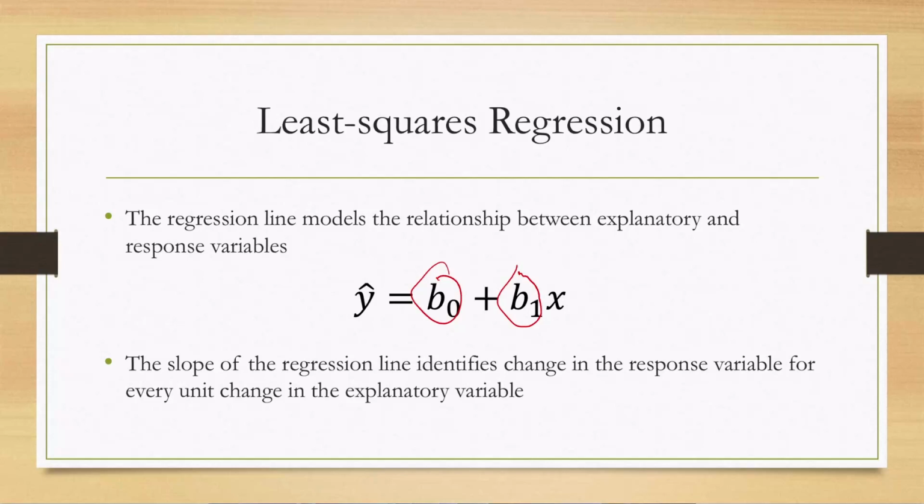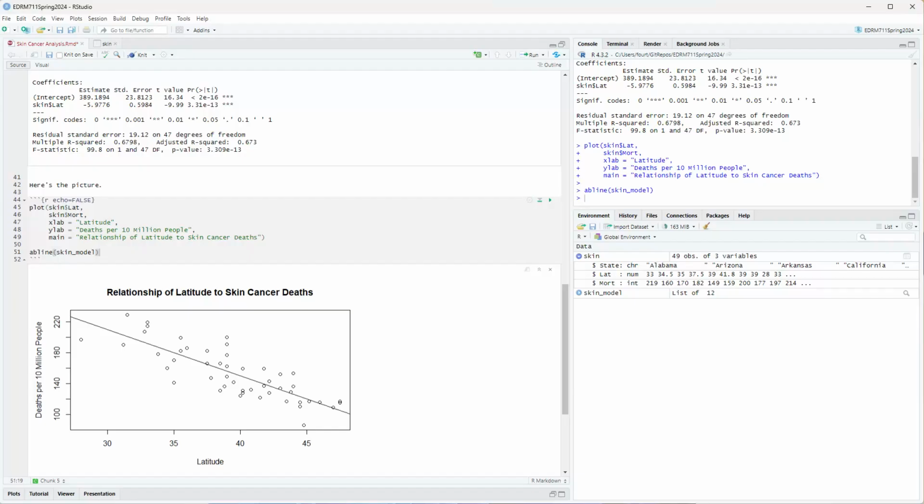That is the place where, if we come back to our little plot here, that line would cross 0 on the y-axis. Now, zero doesn't show here because you do not have any part of the United States at latitude 0.